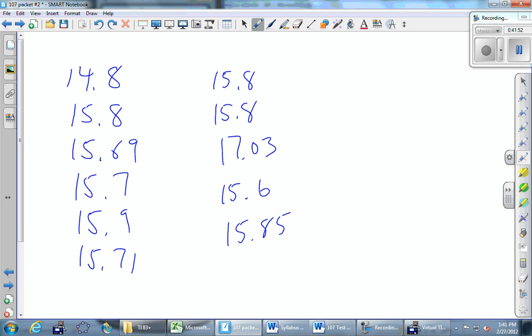Okay, somebody has to get crossed out, so we will cross out the high and the low. Can you guys average the remaining times? And just call it out if you have an average.